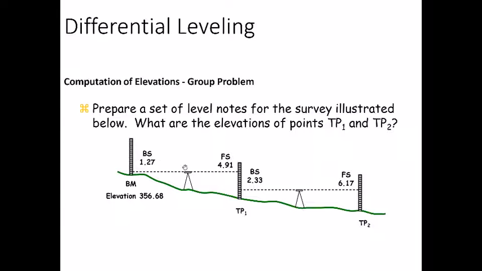In this case, when you subtract 4.91 from 1.27, you get a negative answer. That means there is a fall. The second point is below the first point. Alternatively, if the backside was 4.91 and the foresight was 1.27, then the difference would be positive. That means the second point is above the first point.